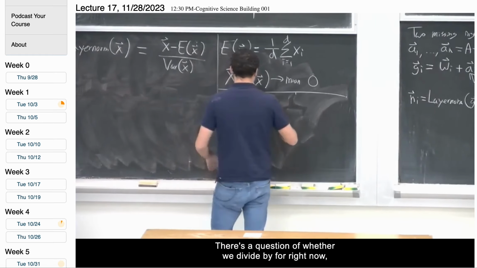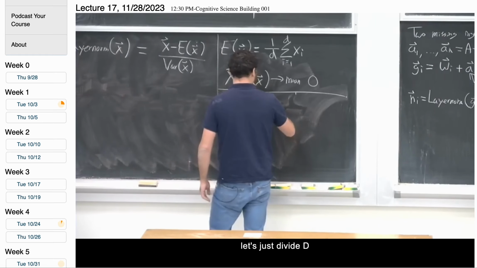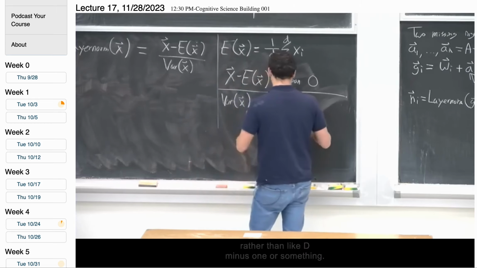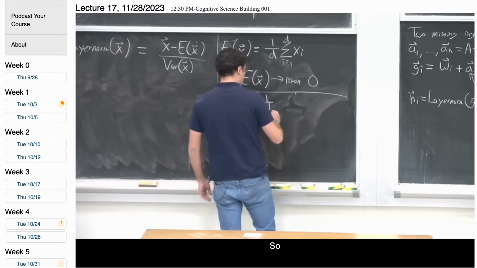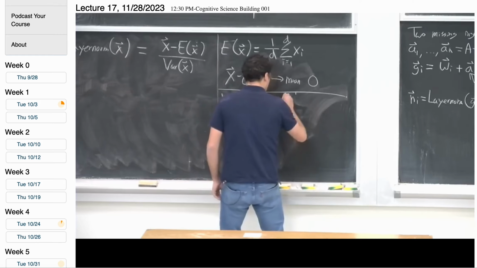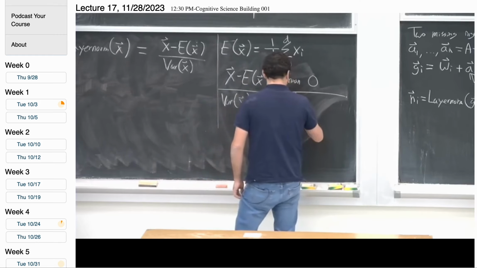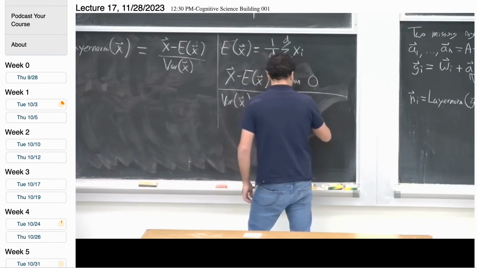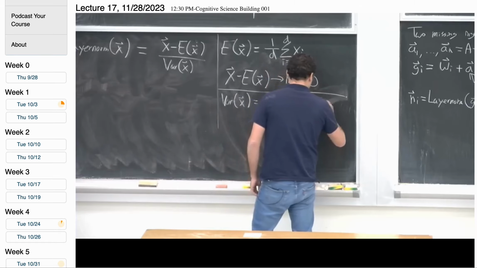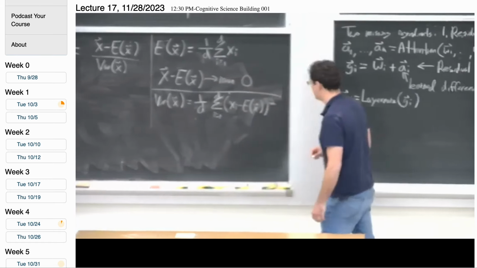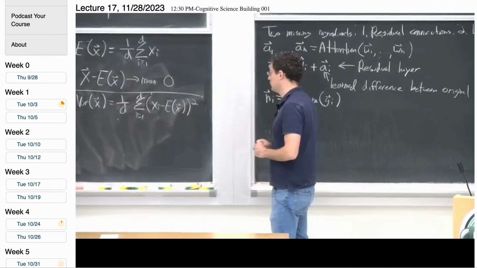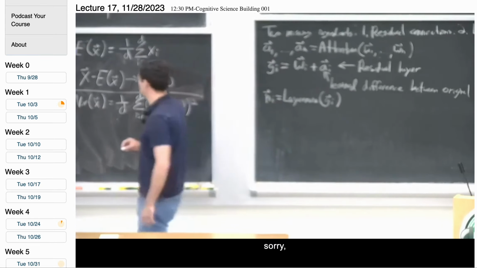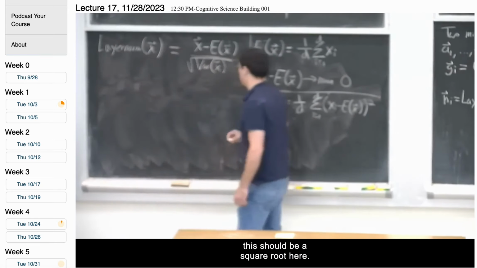There's a question of whether we divide by d or d minus 1, but for right now, let's just divide by d. Sorry, this should be a square root here. Sorry about that.